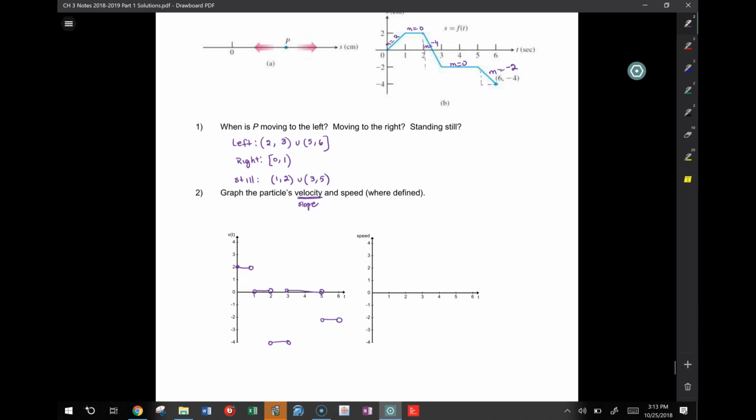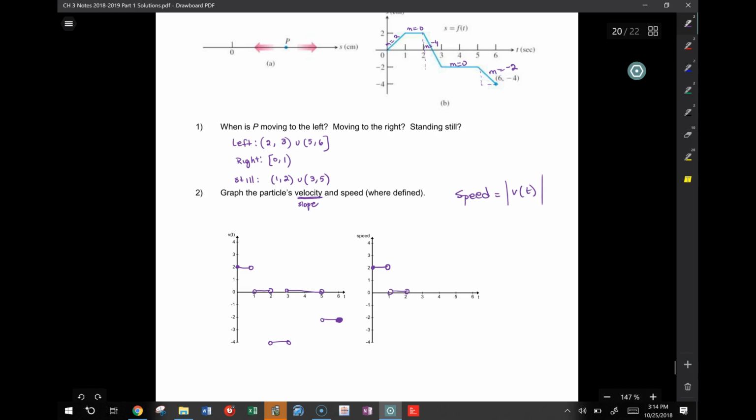Okay. What about the speed? What is speed though? Here, yeah, we close it here. What is speed? Absolute value of velocity. So here, velocity is 2. Its absolute value is 2. Here, velocity is 0. Absolute value is still 0.